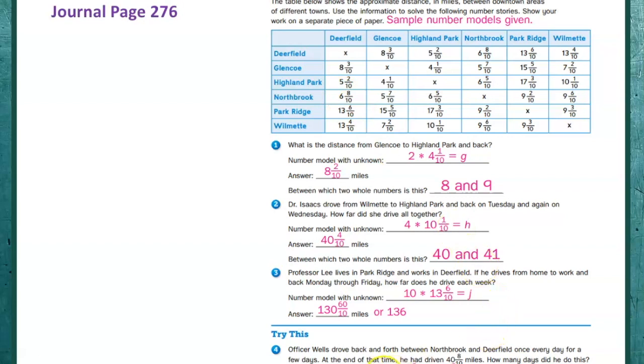And if you know, it would be 6 times 6 and 8 tenths, which would get us 40 and 8 tenths. But remember, it's driving there and back. So you have to divide that number by 2, which gives you 3 days. That was a difficult one.